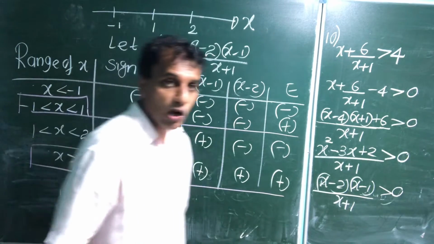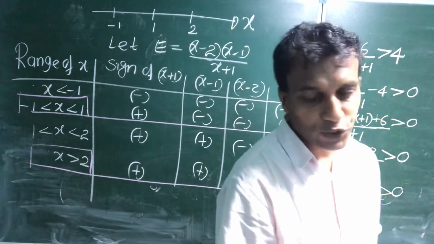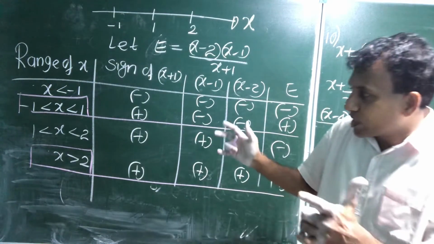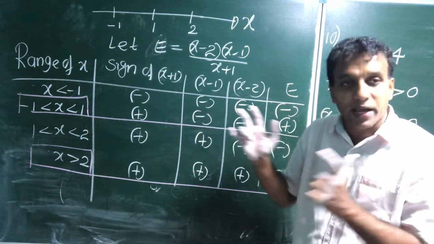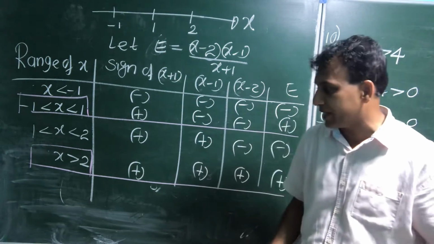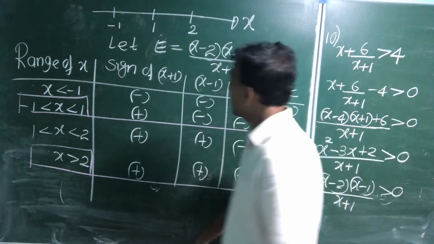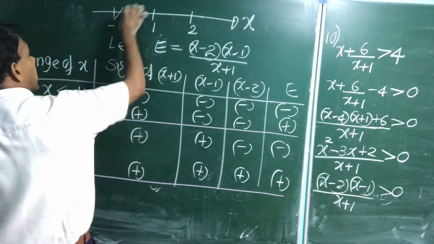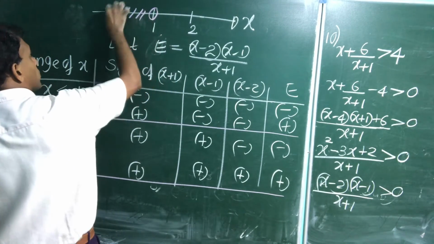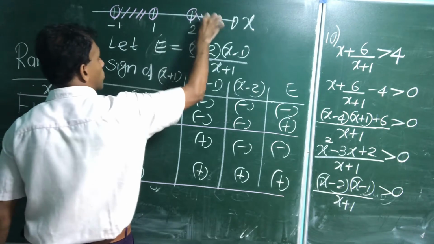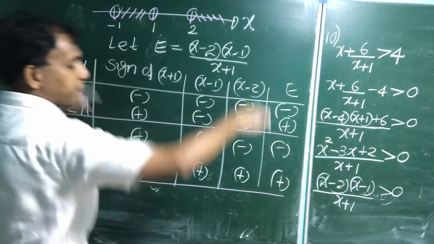Therefore, the set of solutions for x is between -1 and 1, or otherwise more than 2. That is the number line representation.